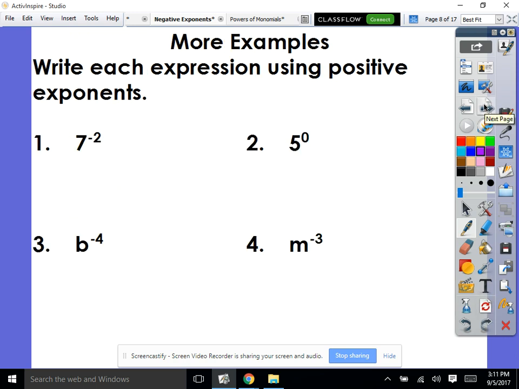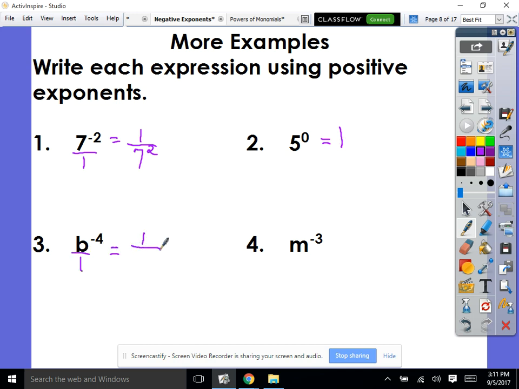All right, more examples. This says express using positive exponents. So once again, 1 over 7 squared. Oh, we know anything to the 0 power is 1.